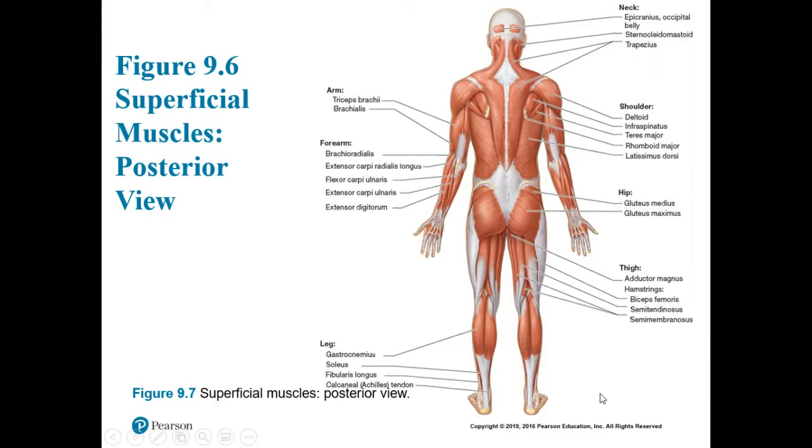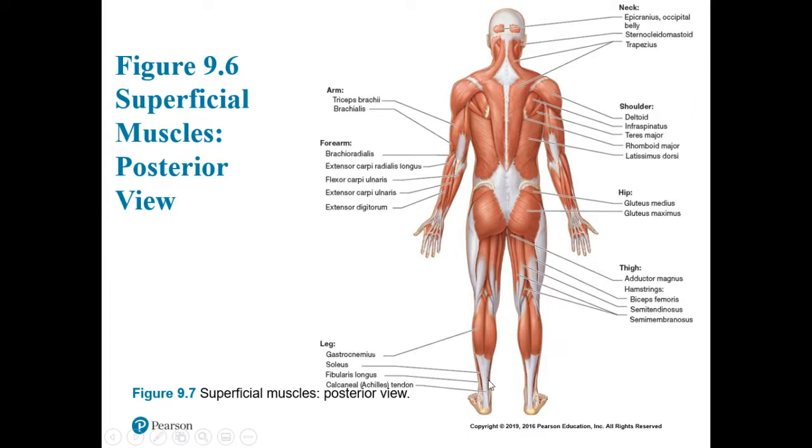So let's see. What the gastrocnemius is going to do, right? It's going to originate on the proximal end of the tibia and fibula, right by the knee, if you will, right behind the posterior end of the knee, and then it's going to insert on the calcaneus bone, right, through the use of the calcaneal tendon or Achilles tendon, which is right there.